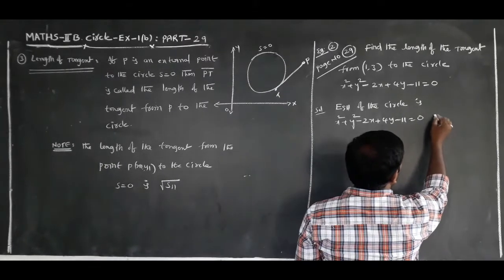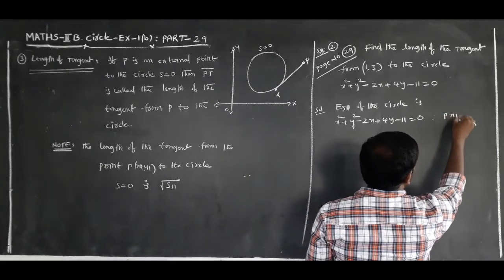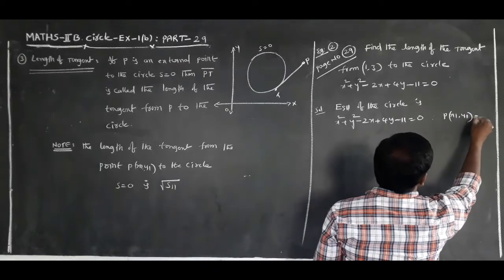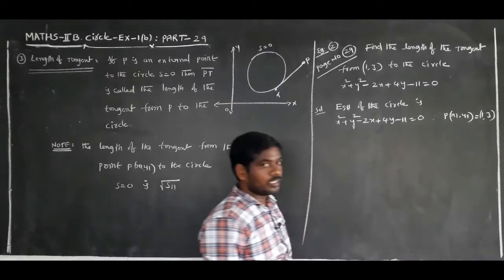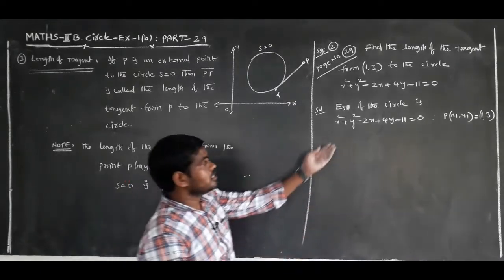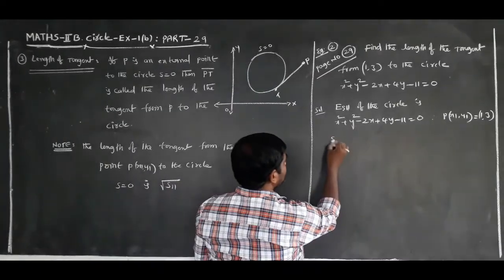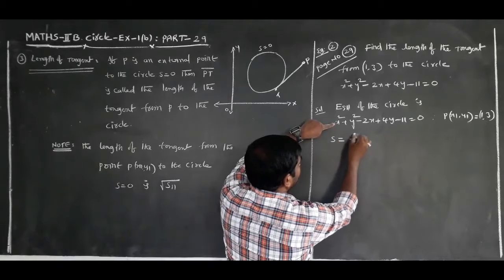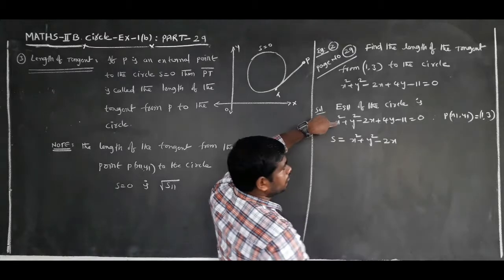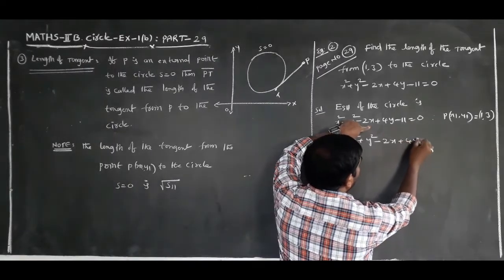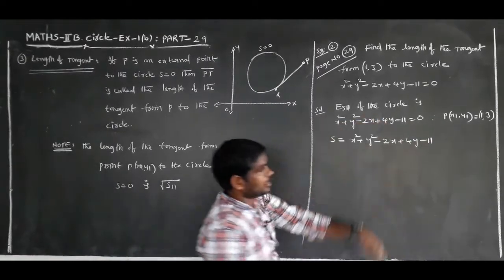Again, the given point P(x1, y1) is (1, 3). The given equation is denoted by S. Here S is equal to x squared plus y squared minus 2x plus 4y minus 11.